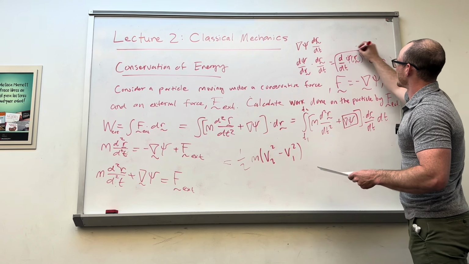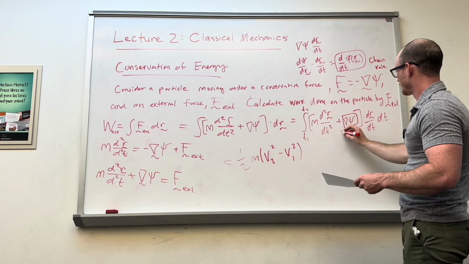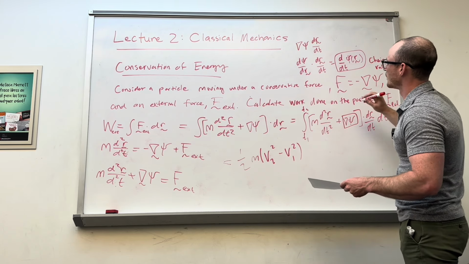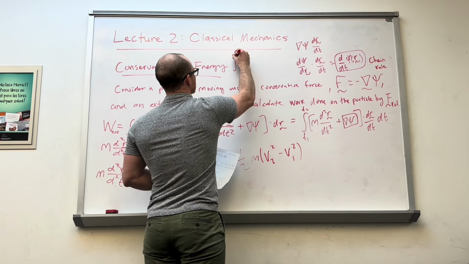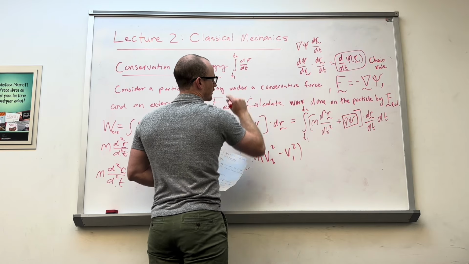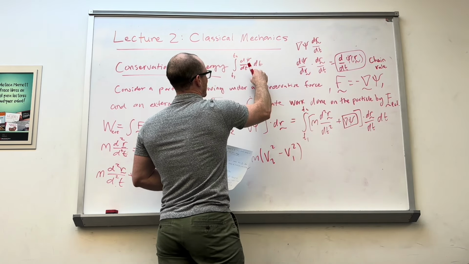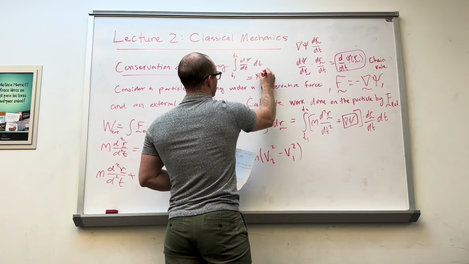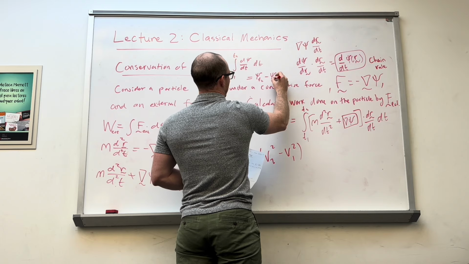Well, if we can write it like this, then this part of the integral here, let's see, I'll write it here. The integral from t1 to t2 of dψ/dt, by the fundamental theorem of calculus, is just going to give you ψ at t2 minus ψ at t1.